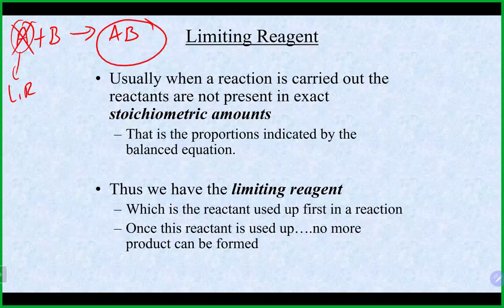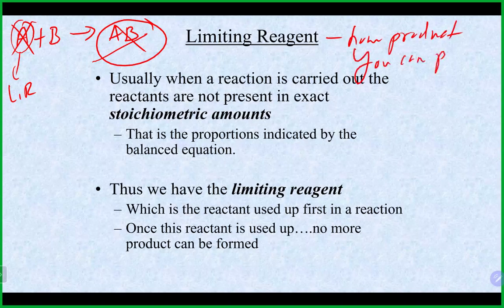There would be no way to make product at that point because you need one of each. So the importance of a limiting reagent is it is always the one that determines how much product you can produce.